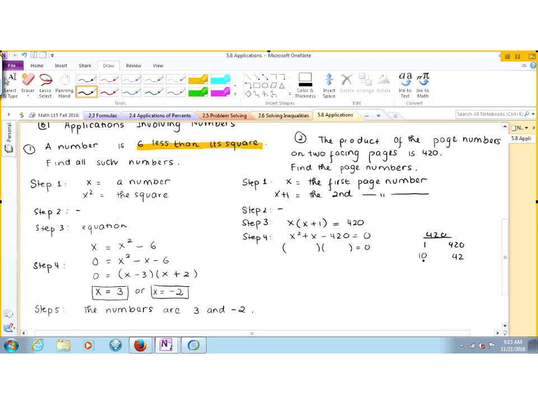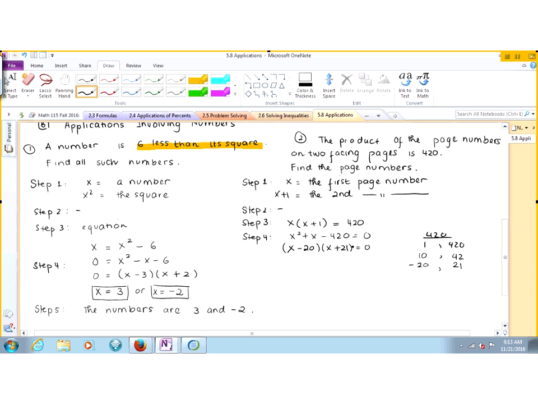Will you get 1? No, maybe not, right? 10, 11, 12, 13, 14, 15, 20 maybe? 20. What is 420 divided by 20? 21. Will it give you 1? Yes. So this is negative 20 and positive 21. So X minus 20 times X plus 21.